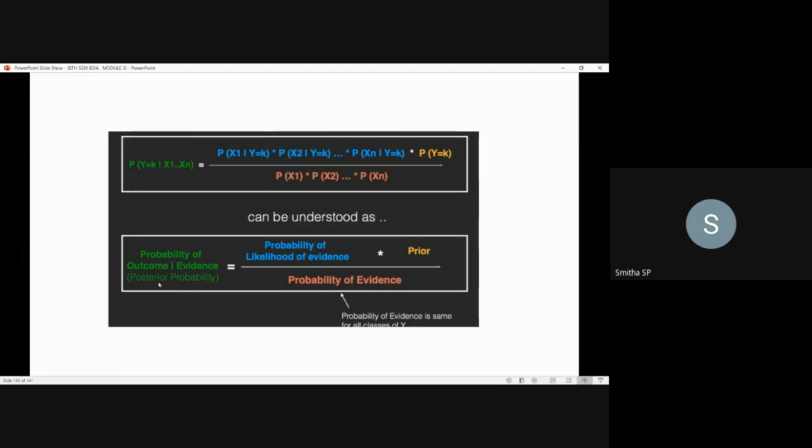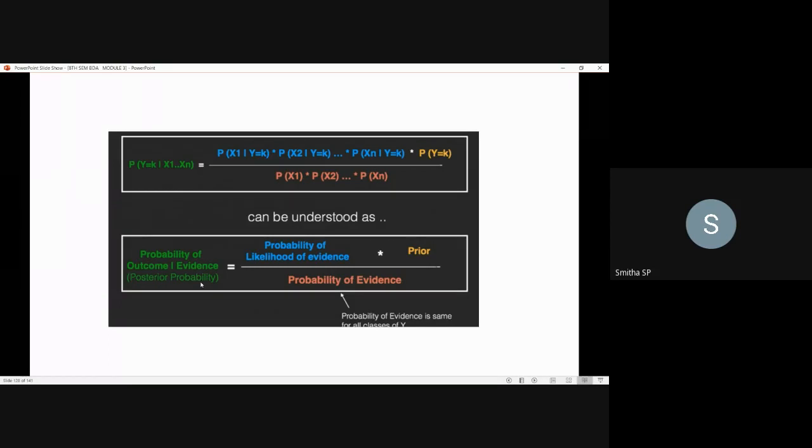We call this the posterior probability. At the left hand side, in technical terms, the LHS of the equation is understood as the posterior probability, or simply the posterior.